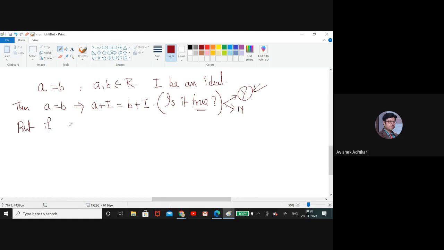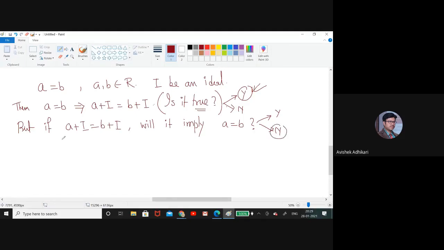if A + I equal to B + I, will it imply A equal to B? Yes or no? What would be your answer? No, sir, it may not be.